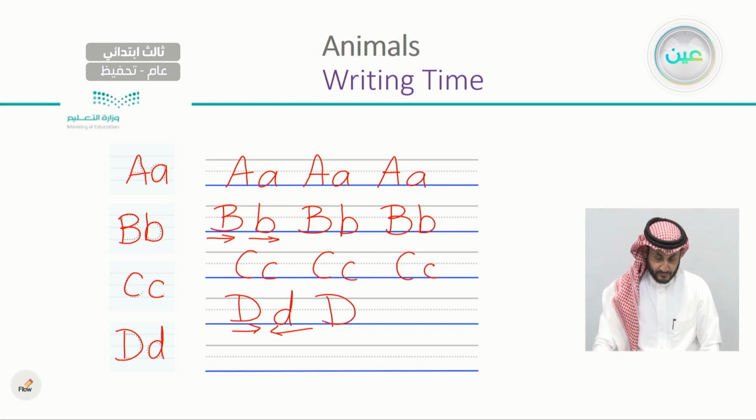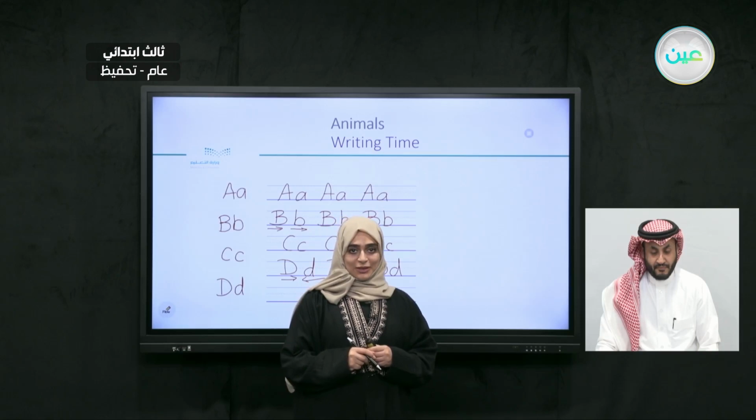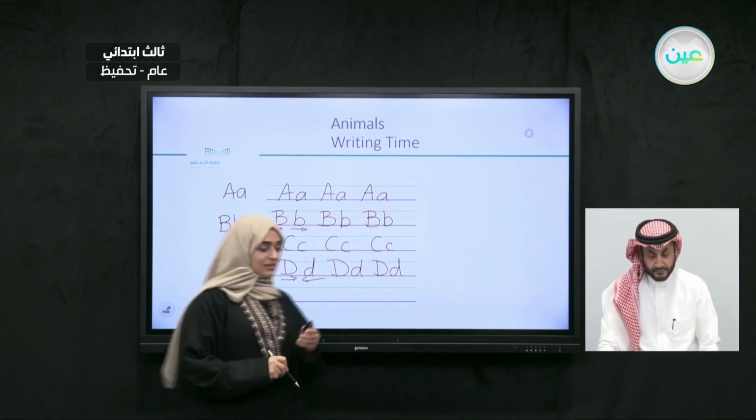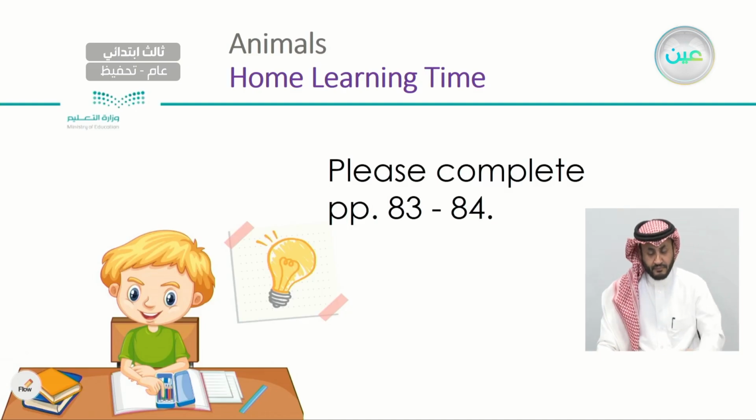This will help you remember how to write uppercase and lowercase, B and D. So far so good? Did you trace and write with me? Excellent. Now, please complete pages 83 and 84 if you did not have a chance to finish them with me.